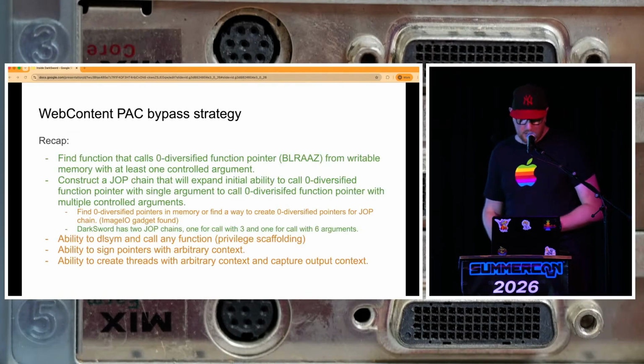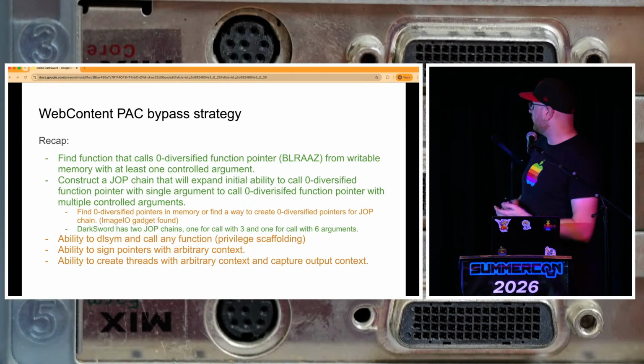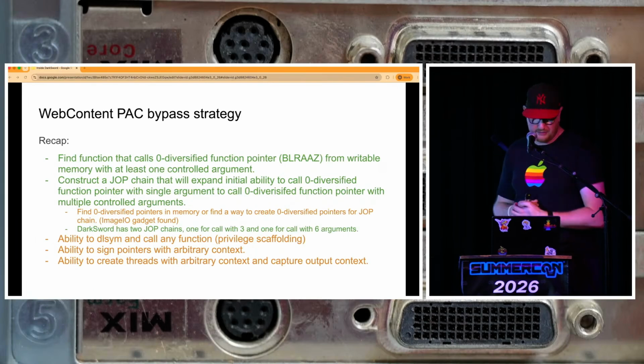Okay. So at this stage, we basically have most of the primitives already available. We have a function that allows us to call one zero diversified pointer with 1 argument. We have found job chains that allow us to call functions with 3 and 6 arguments.